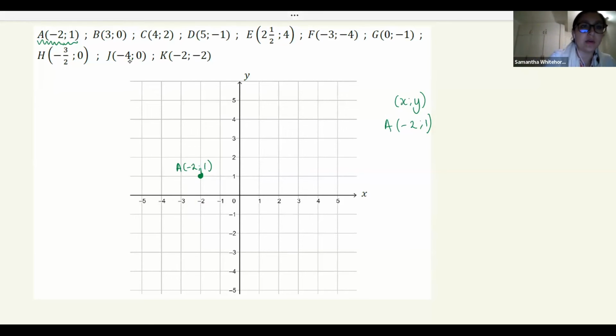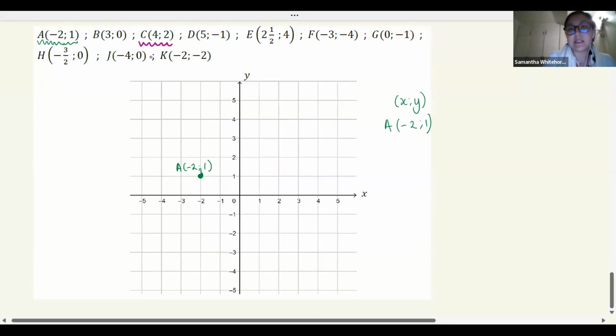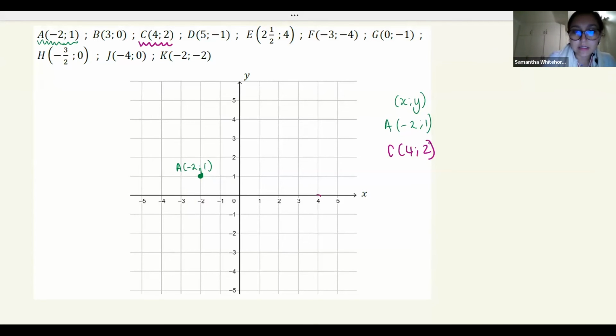Let's try another one together. We're going to try C. C is at +4, +2. Again, we go to the x-axis and its value is 4, and the y-axis, its value is 2. We go up where we get 4, we go across where we get 2, and where they meet each other, that is where we get our coordinate C, 4, 2.